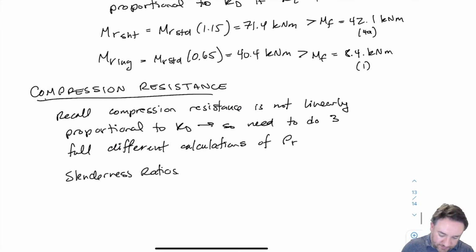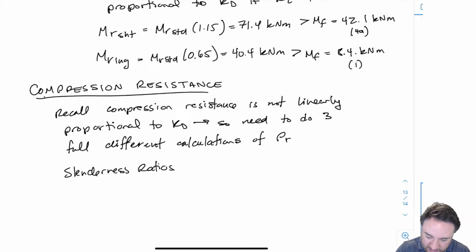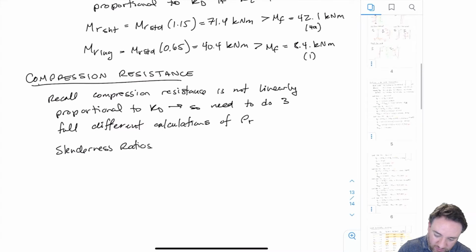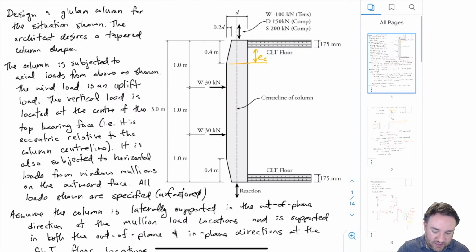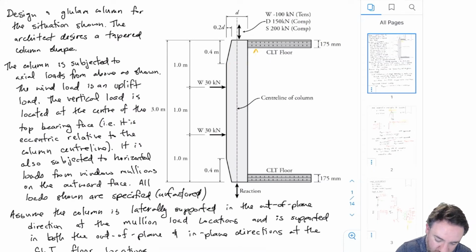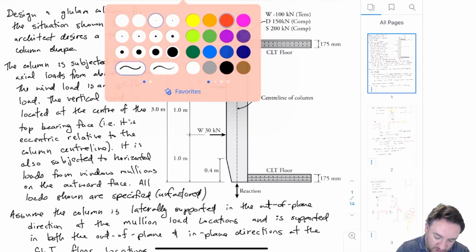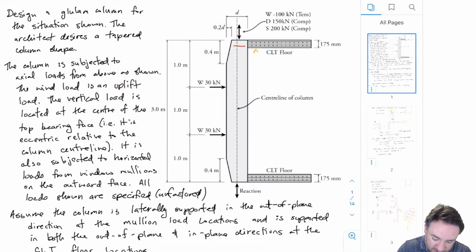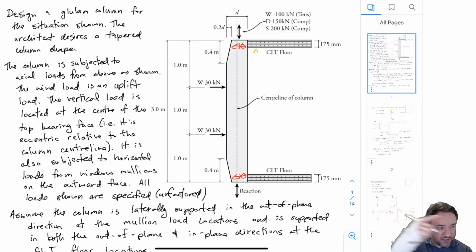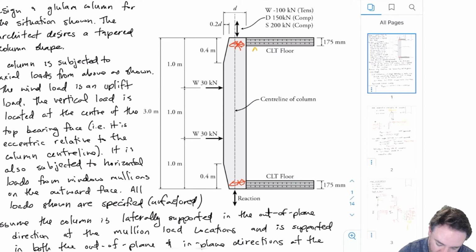Let's quickly go back, and now's a good time to remind ourselves what is the restraint condition of this column. Here's our column, and in the question it says at the top and bottom it's restrained in the out of plane direction. It's restrained in plane in the direction of the floor, so it can't move left and right, and it's also restrained in the out of plane direction at the CLT at the floor location, so it can't come in and out of the page.